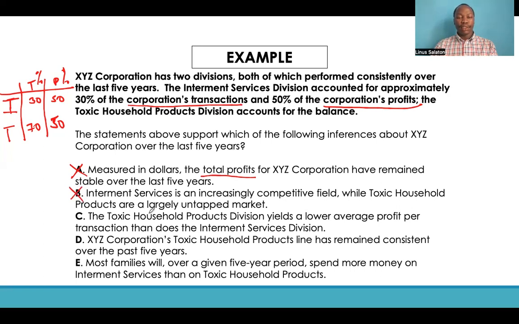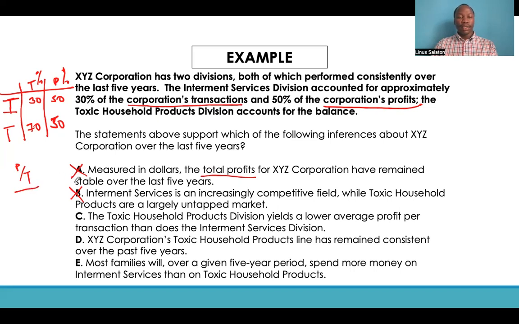C says the toxic household products division yields a lower average profit per transaction than does the Interment Services Division. So we can tell from this information that the average profit per transaction, that is profit over transactions, will provide us information about average profit per transaction.